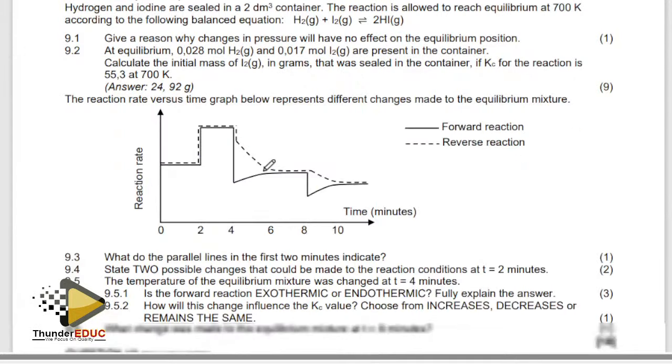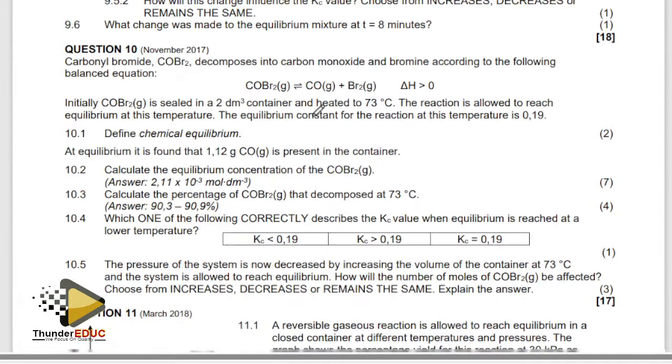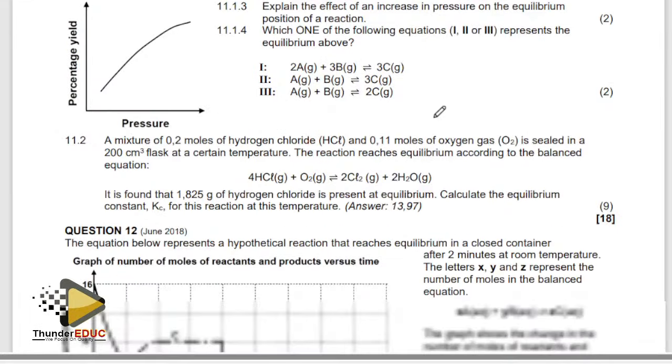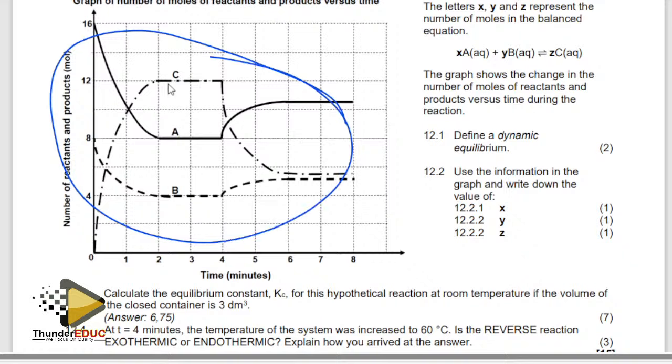Let me check and see. Reverse reaction, please don't go without knowing that. What is a chemical equilibrium? Please know how to define it. In a closed system, it must be in a closed system. So please don't go without knowing this graph I explained to you. Now the second question can be in terms of the graph.